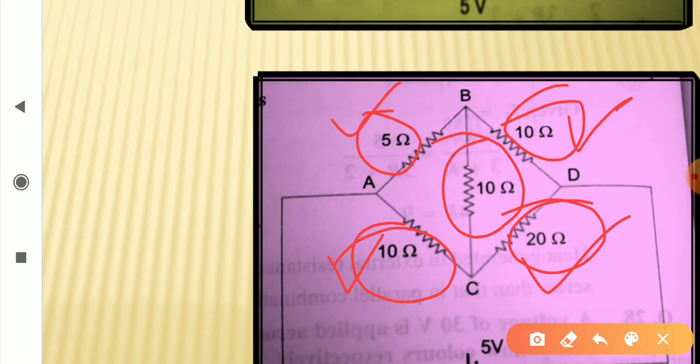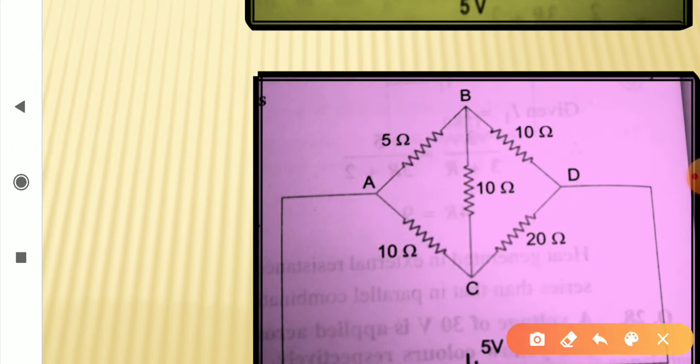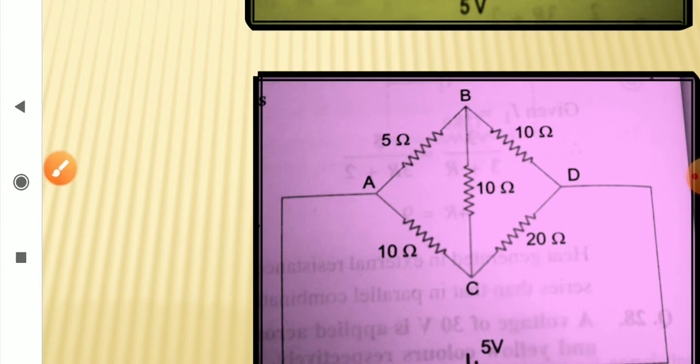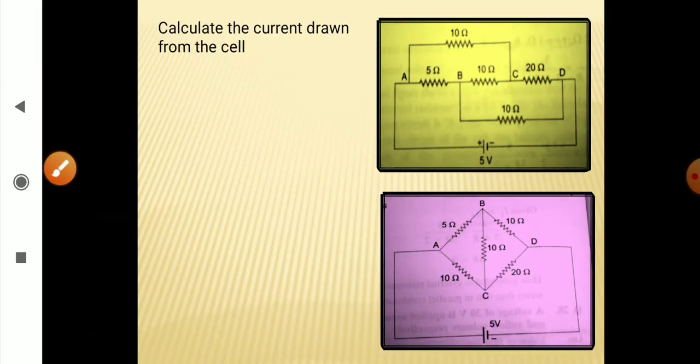So this arm BC can be neglected totally, and we are left with just this 5 ohm and 10 ohm in series, 10 ohm and 20 ohm in series, and then these two series resistances, 5 plus 10 and 10 plus 20, will be in parallel, and we can find their resultant and then the current through it.